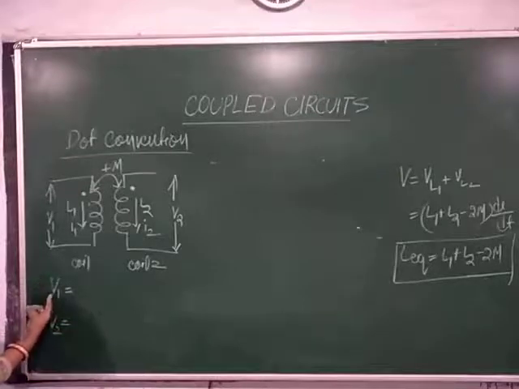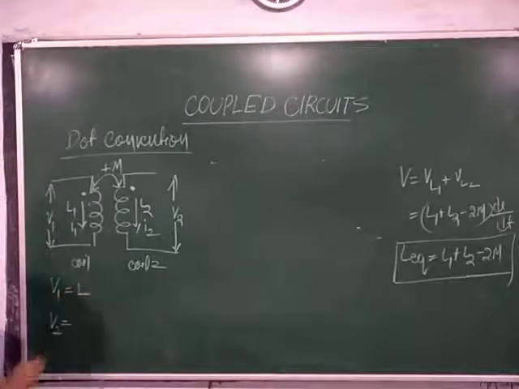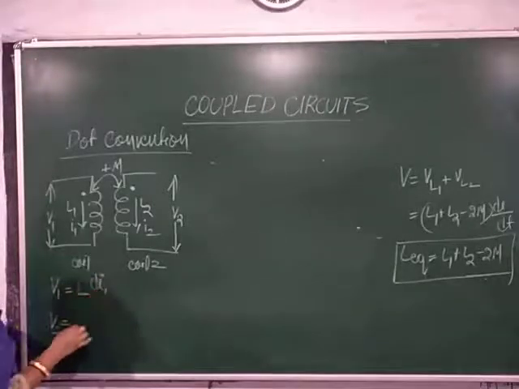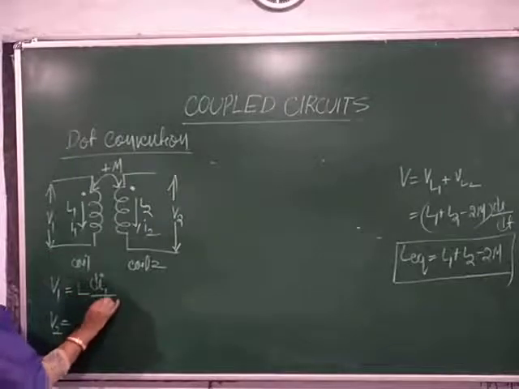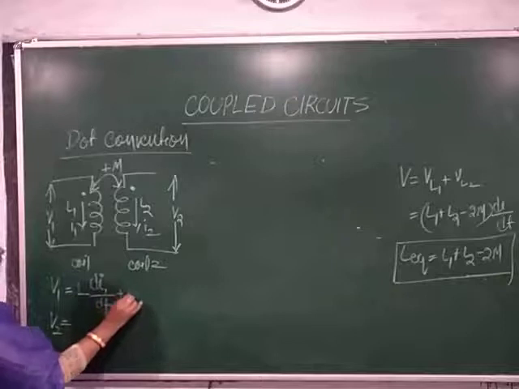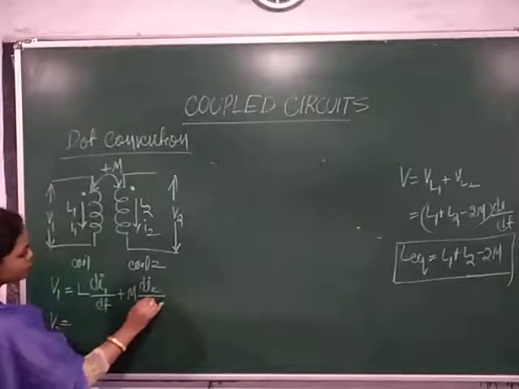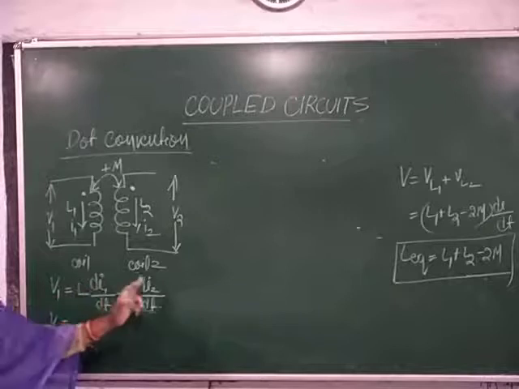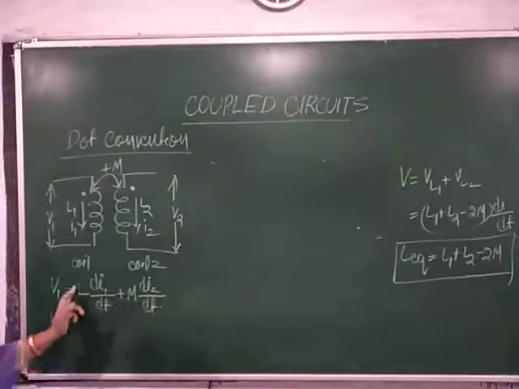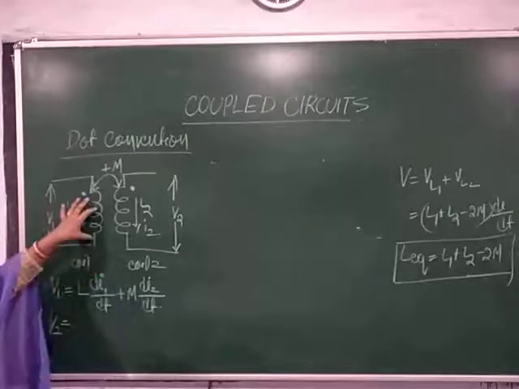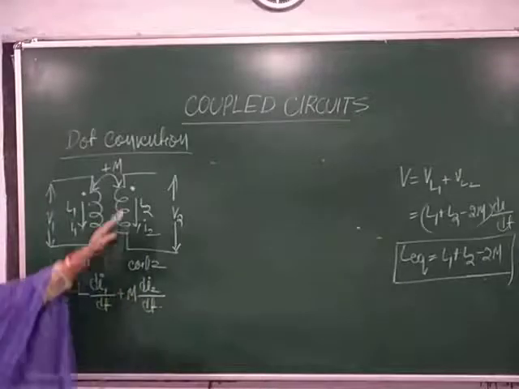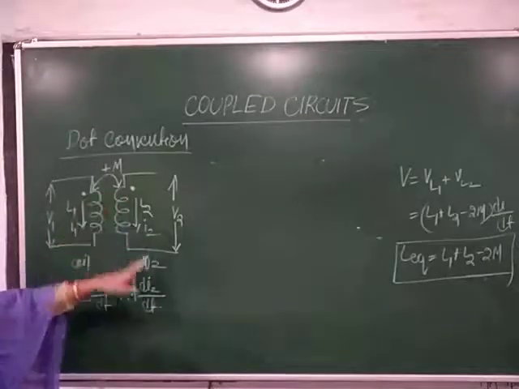The voltage V1 is L1 di1 by dt due to self-inductance, and M di2 by dt due to mutual inductance. Why here I1 and why here I2? Because this voltage is due to its self-inductance property, and this voltage is due to the mutual property shared by coil 2.